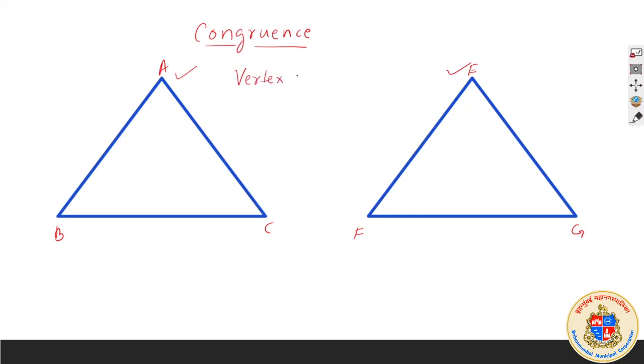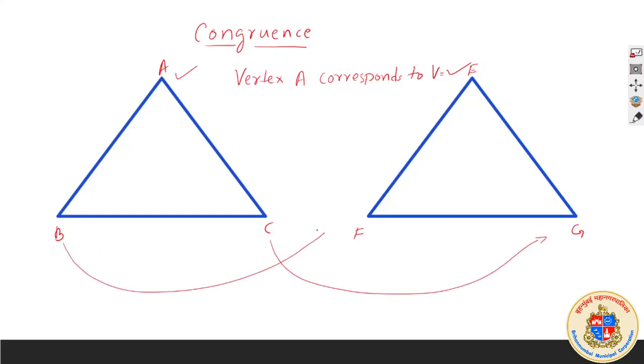Vertex A takes the same position as vertex E. In the same way, this particular vertex corresponds to vertex G, and B corresponds to vertex F.